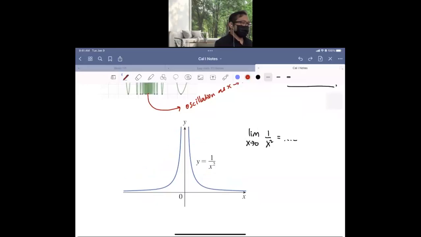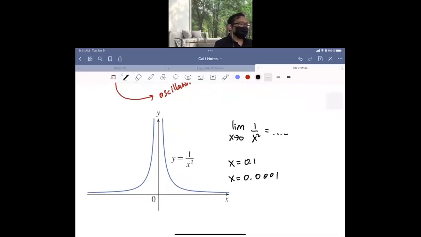Whatever point we plug into 1 over x squared, when it's approaching 0, it's going to be really, really large. For example, you can try x equals 0.1 or 0.001. The more it's closer to 0, you will get a really, really high number.